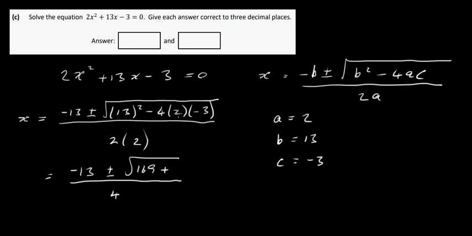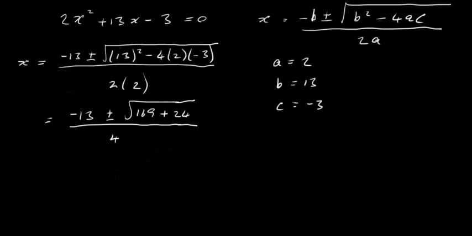And then 4 times 2, 8, 3 8s, 24. Okay, so next line then, we have x is equal to minus 13 plus or minus the square root of something over 4 here. So 169 plus 24, that's 193.